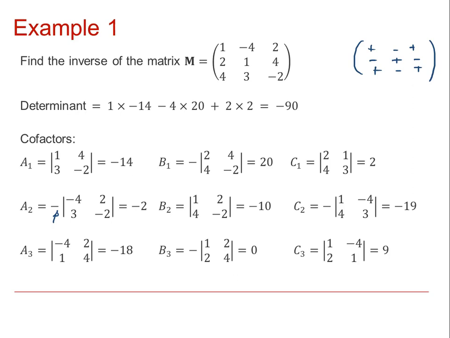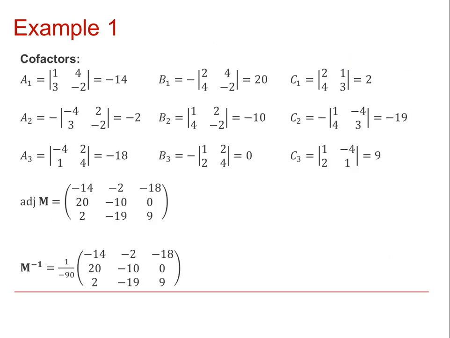Once you've got the cofactors, we can then take the transpose of the matrix of cofactors to produce what's called the adjoint. You can see here the matrix of cofactors in the top 3 lines. The first row would be -14, 22, and that becomes the first column of the adjoint. Once you've got the adjoint, divide by the determinant.